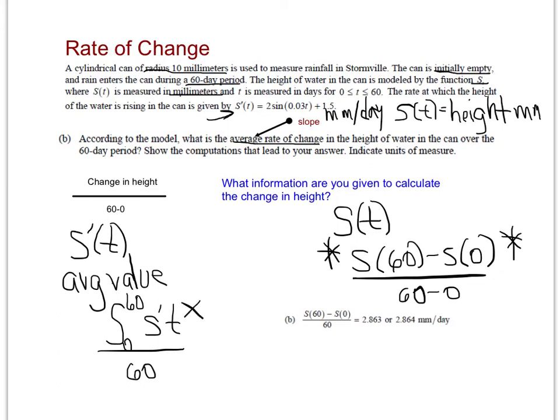But I am given s prime of t, so I can use the other expression. But you do realize, though, the fundamental theorem of calculus says the integral of a rate of change is equal to its original function, s of 60 minus s of 0. So notice these two expressions here are equivalent, but only one of them is provided with information in the problem.